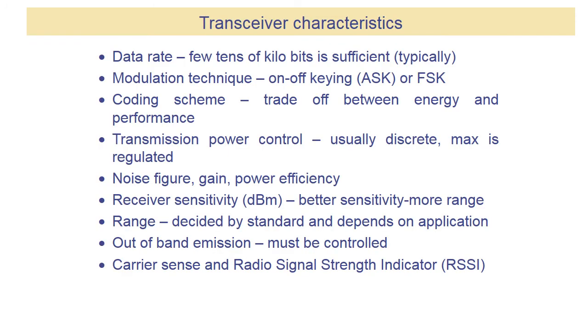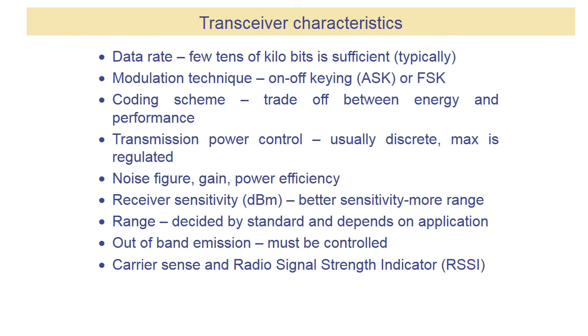We will discuss all the characteristics of the transceiver: it has to support a certain data rate depending upon the application, then the modulation technique, the error control coding scheme that provides the trade-off between energy and performance, then the sensitivity of the receiver, and the range in which a particular sensor node can be used.